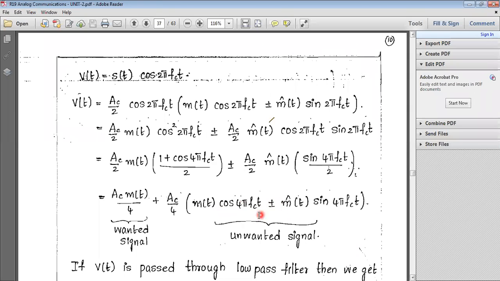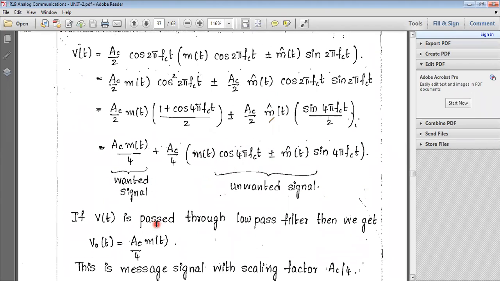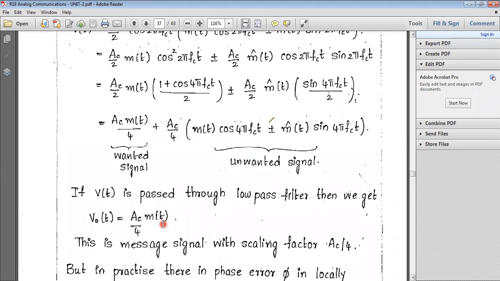Since it contains high frequency combinations, here we use a low pass filter. With the help of the low pass filter, we eliminate the high frequency component. So the output of the product modulator is applied to the low pass filter to eliminate this unwanted signal. Therefore, at the output of the low pass filter, we have Ac by 4 into m of t.